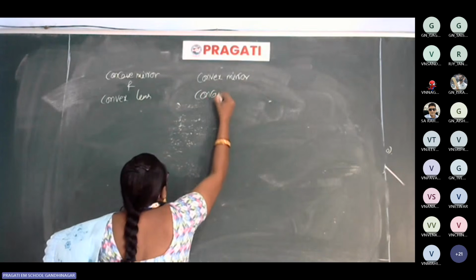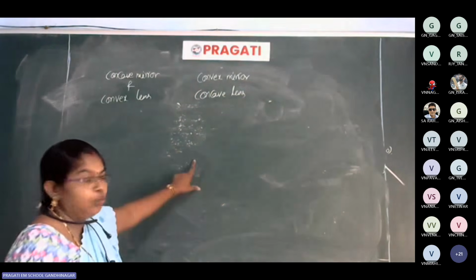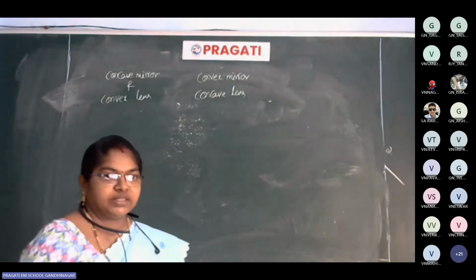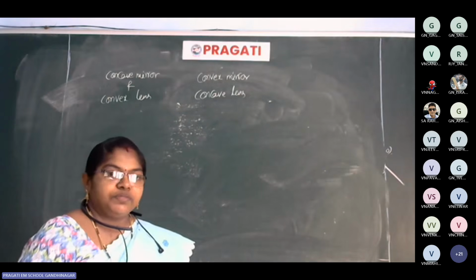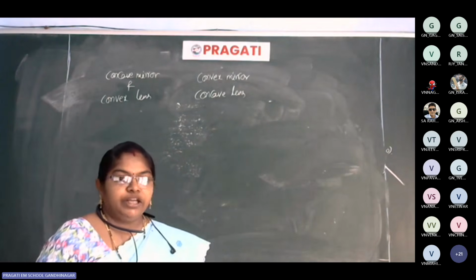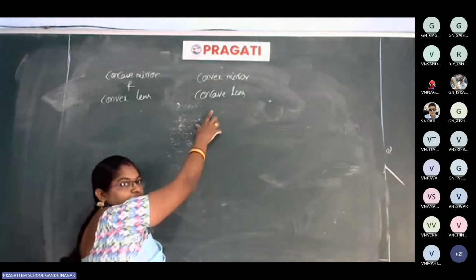And this is a concave lens. These two we will get only two cases. This convex mirror and concave lens will get two cases. So wherever the object is placed, we will get only virtual, erect and diminished images. So you have to concentrate on these diagrams also.